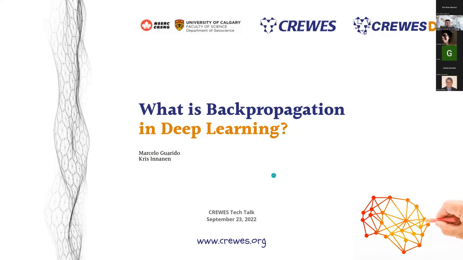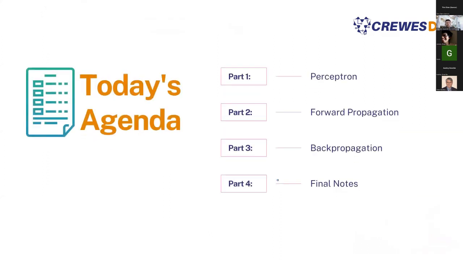And that's a presentation that I did a while ago for the Cruise Tech Talks that we have every Friday. The idea was to talk about what is backpropagation. And to understand what is backpropagation, I'm going to be talking about the fully connected neural networks, not the convolutional ones that we did.